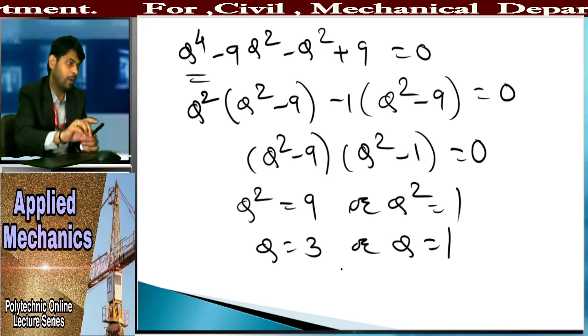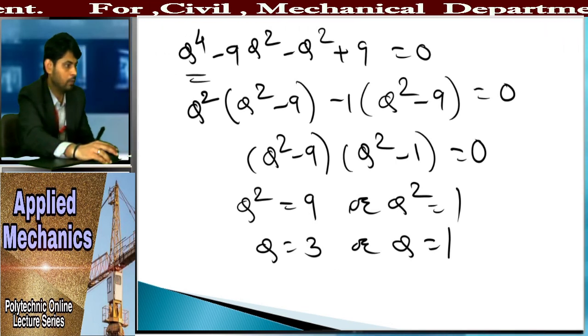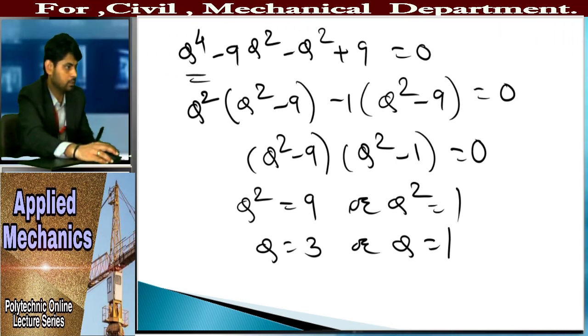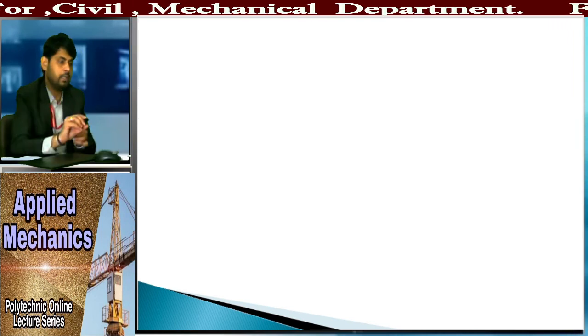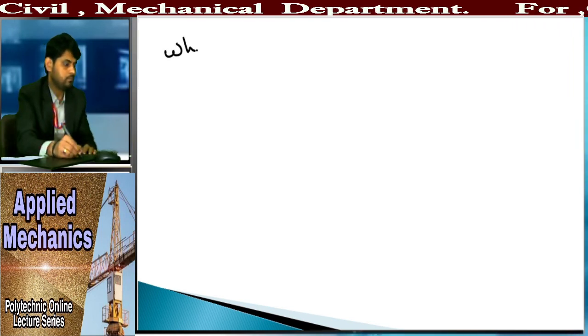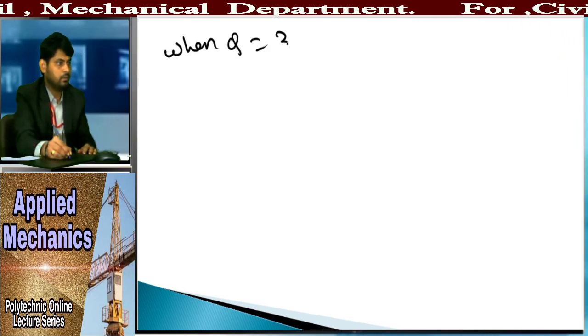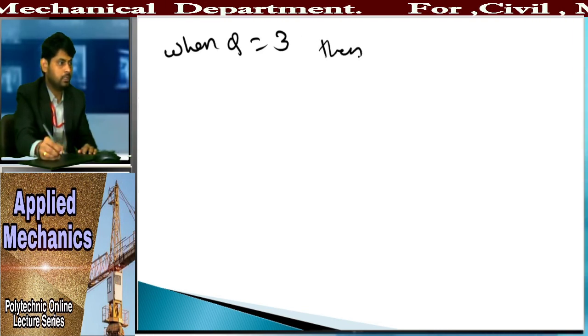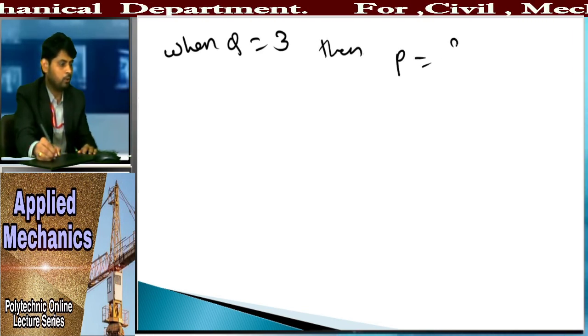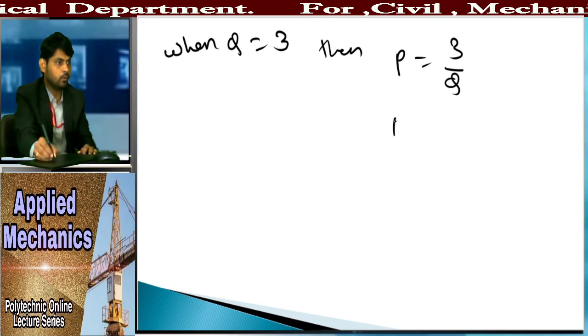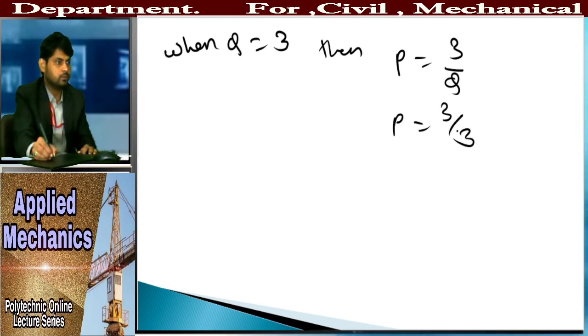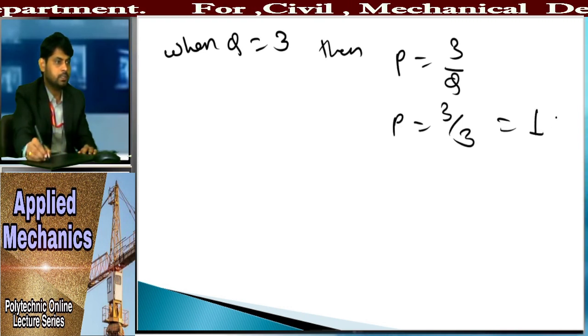Now put both values in equation 3. Now you can see here when q is equal to 3, then the value of p is 3 upon q, means p is equal to 3 upon 3, means 1 Newton.